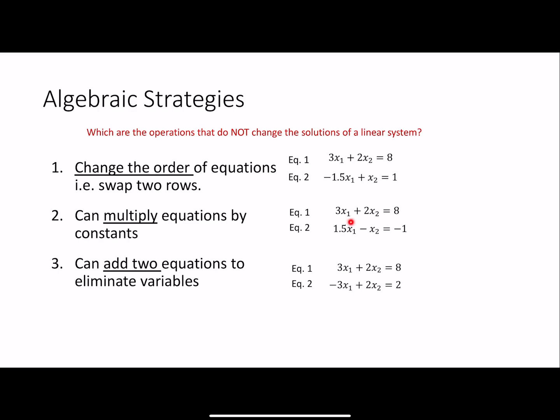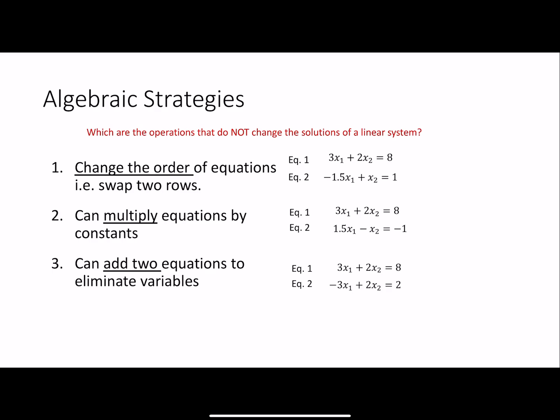Likewise, we can take any equation, either equation 1 or equation 2, and multiply it by some number that we'd like to multiply it by. For example, we can take equation 2 here and multiply by 2, and replace the equation 2 by the same equation multiplied by 2. The same thing that I said for the change of order applies here.